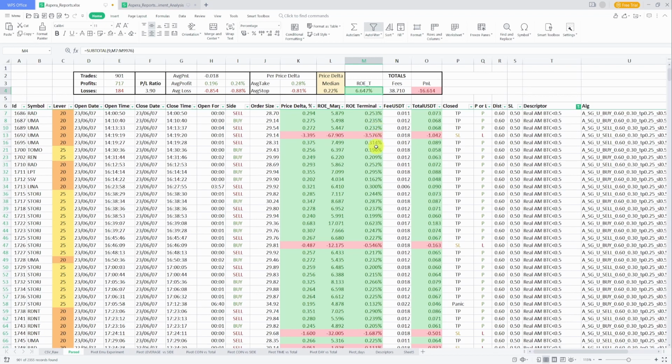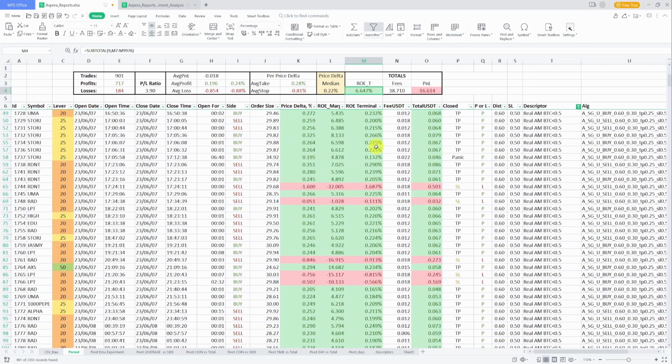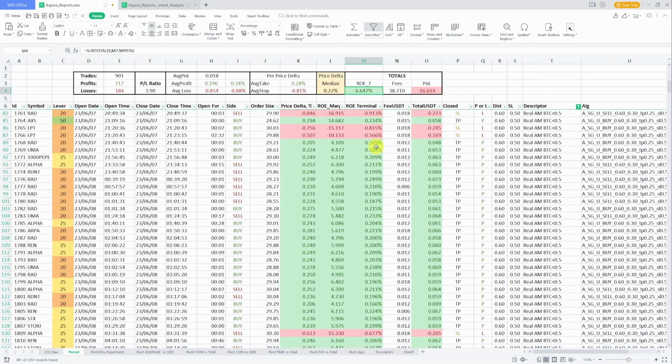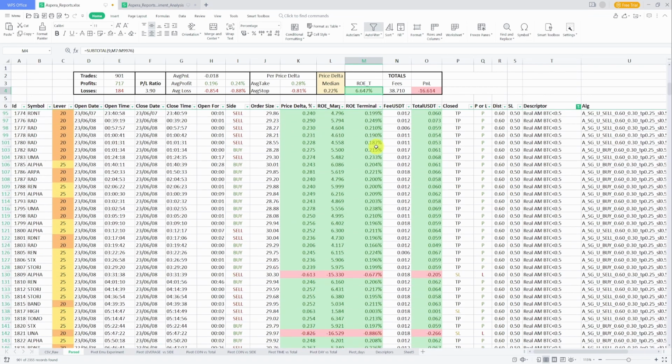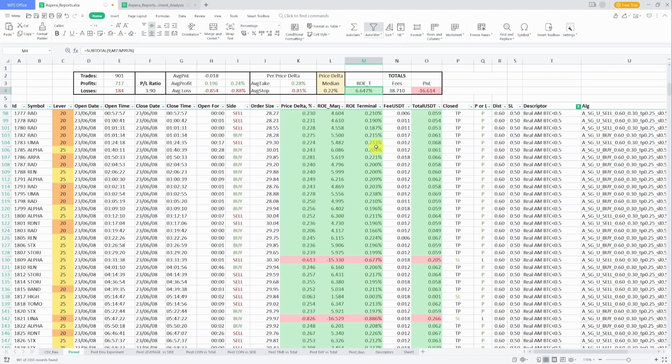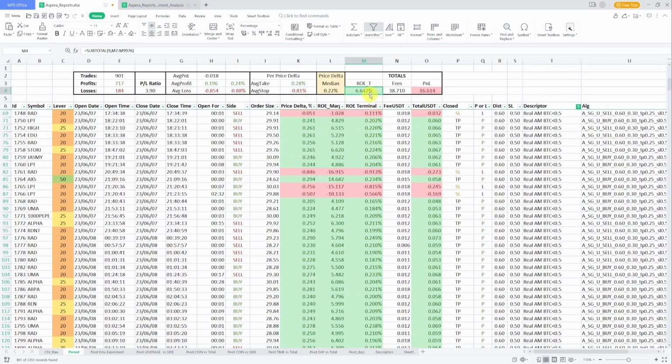I have shown you this before, but now I have taken a closer look at this. So when we have very, very many trades, in this case a bit over 900, then all of the rounding errors accumulate and it swings us from obviously negative to the positive. These two do not align at all.